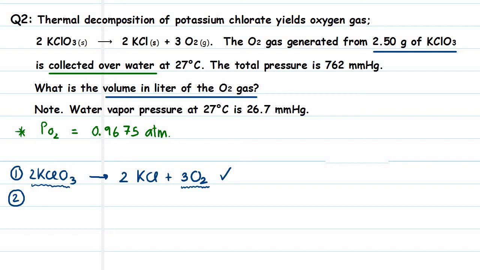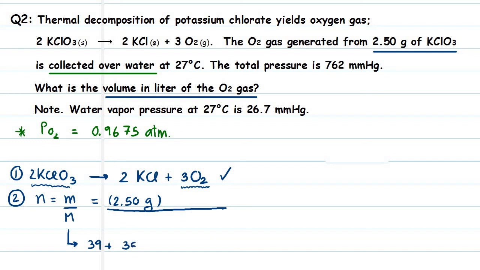To convert the mass of potassium chlorate into mole, we can use n equal to little m over big M, and little m is mass, which is 2.50 gram, and big M is the molecular weight in gram per mole, and we're going to calculate that in a bit. So for potassium chlorate, for potassium is 39, plus for chlorine is 35.5, plus for oxygen is 16 times 3.